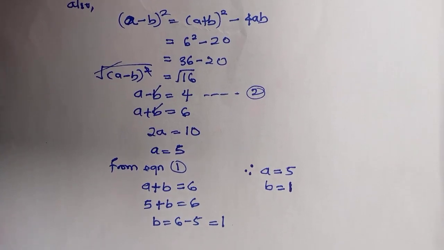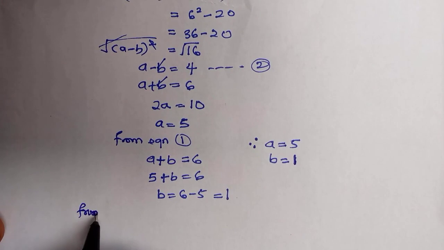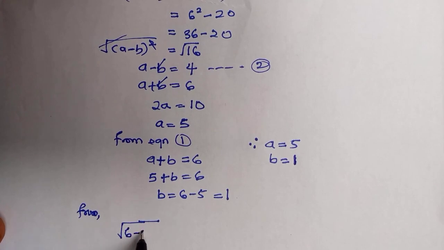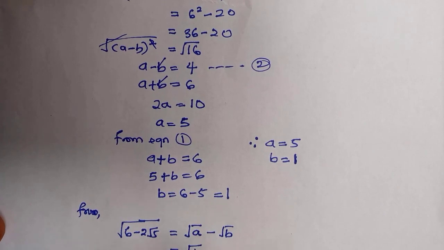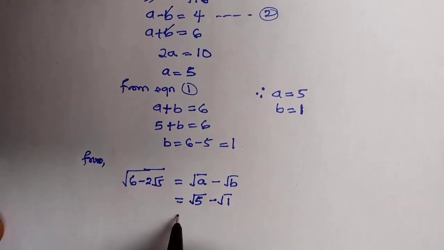And let's go back to the above, from what we have here, which is the square root of 6 minus 2 root 5 equals the square root of a minus the square root of b. But what is our a? Our a is 5 and b is 1. So the root of 5, we leave it like that.